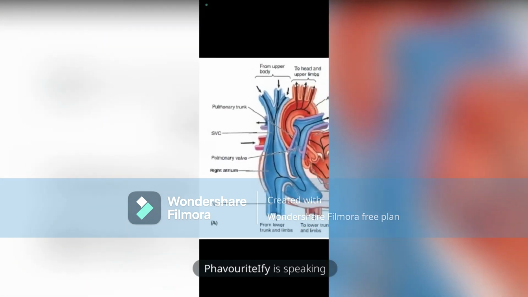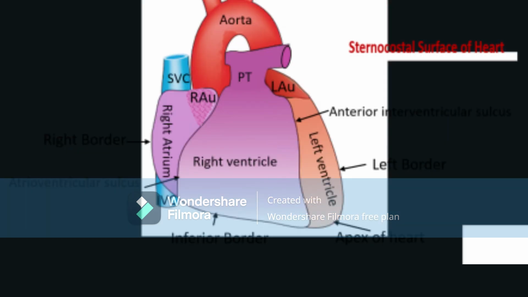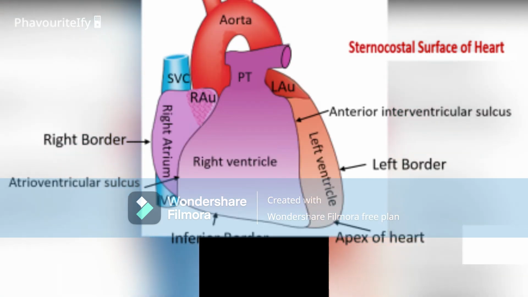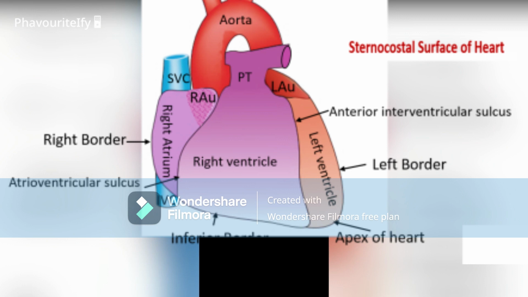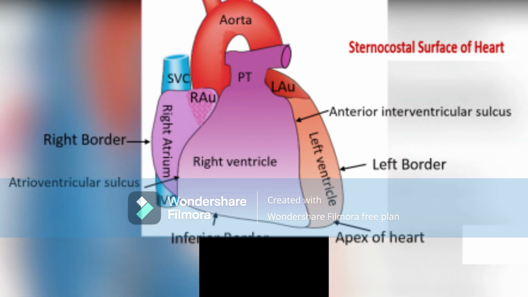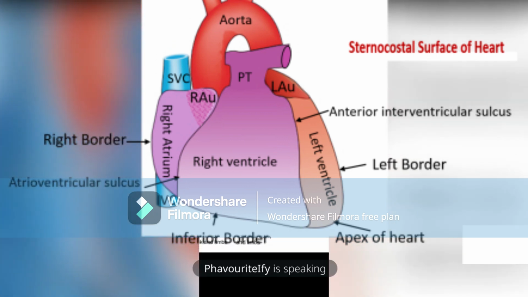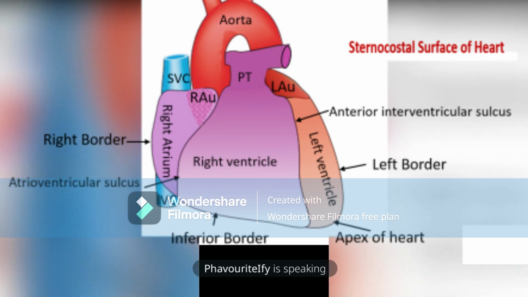While the inferior border of the heart is nearly horizontal, which is formed mainly by the right ventricle. We can see this right ventricle lying nearly horizontal, but not quite horizontal.